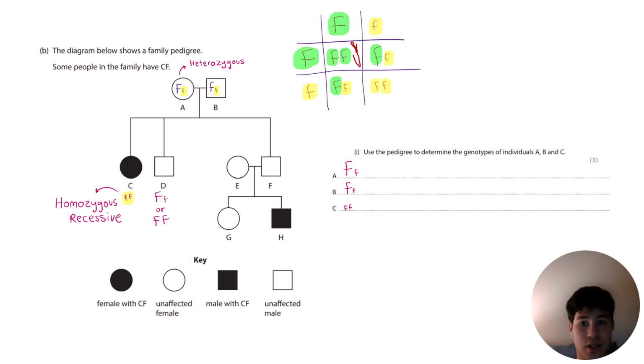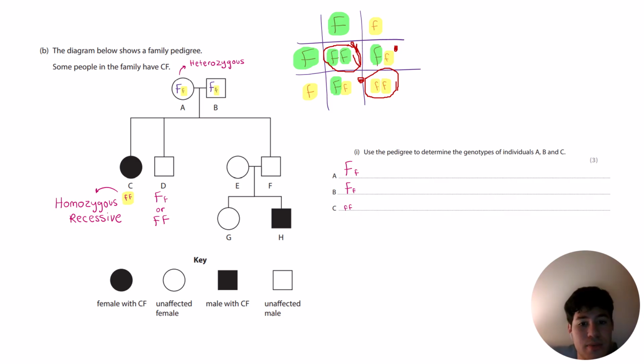This is homozygous dominant. In this case, this person is safe and won't have cystic fibrosis. They won't give cystic fibrosis to the children. However, over here, they are cystic fibrosis carriers. However, it is not expressed as their phenotype.